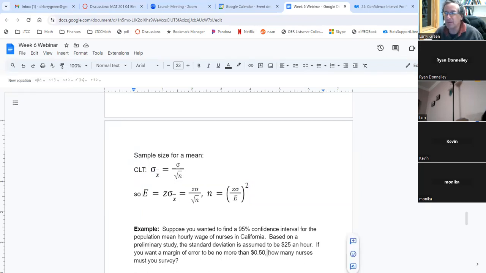I want to highlight how many nurses must you survey. Those words tell you that we're asking for the sample size. We're not asking for a confidence interval. Because if you are confused about what's asking for, oh boy, you're going to get them wrong. So it's really important to look for the keywords, see what it's asking for, and this is a sample size.